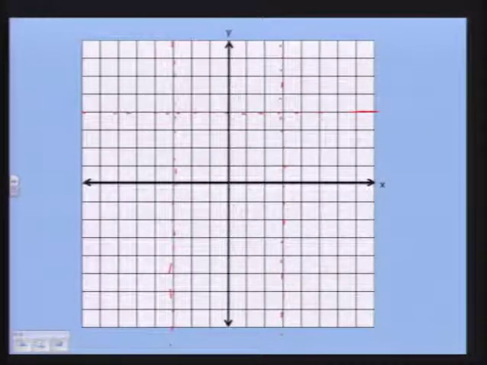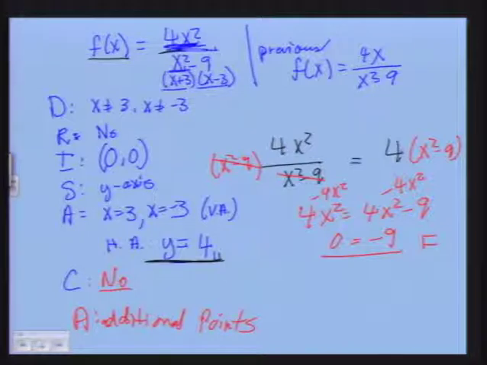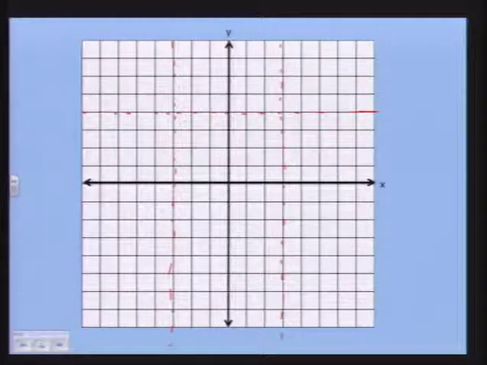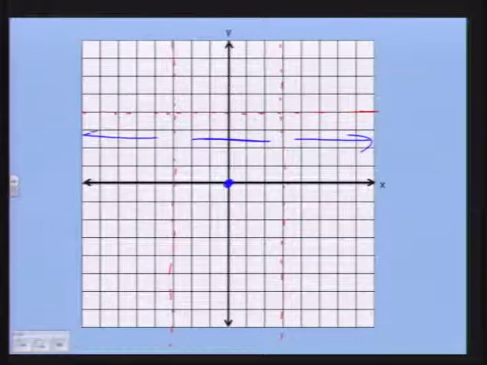Let's look back and get a little bit of information here. We don't cross the horizontal asymptote anywhere, and we have the point 0, 0 to graph. So let's graph 0, 0, and we're not crossing any asymptotes whatsoever. So that means we need some values over here in the right-hand section, the middle section of the graph, and the left-hand section of the graph.